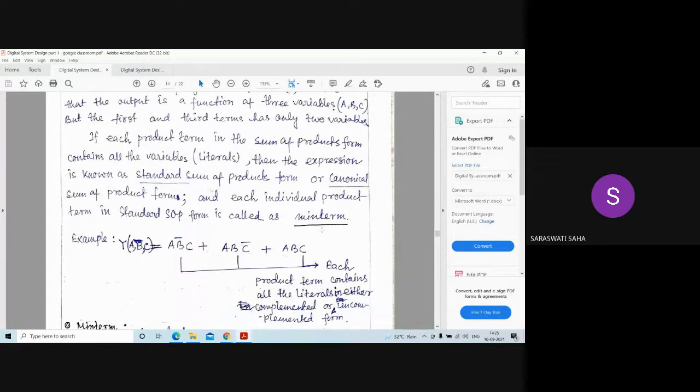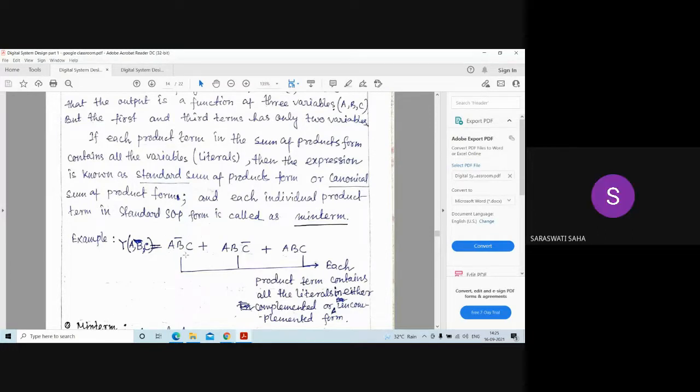So here three product terms are there and these are in standard sum of product form, right? How many product terms are there? Three.